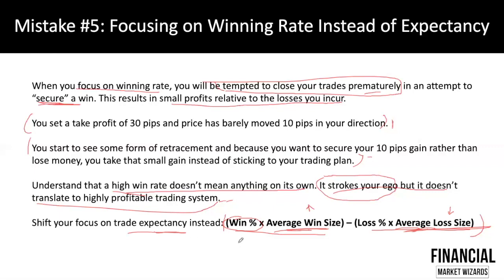Think of it this way: if each trade you are making an average risk to reward of 1:3, that means if you risk $1 and you make $3, right? Even if you have a win rate of 30%, you are still profitable. Out of 10 trades, let me just draw it here. Let's say you have 7 losers and 3 winners. But because of the winners, each one you make 1:3.